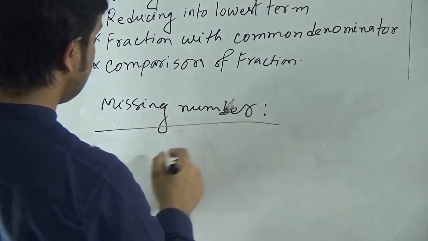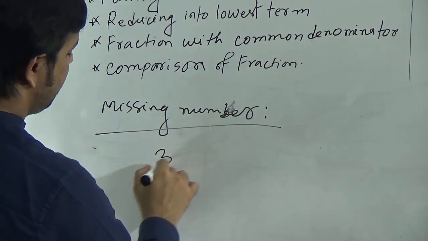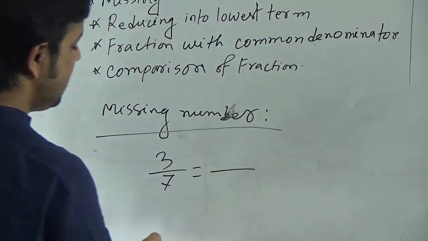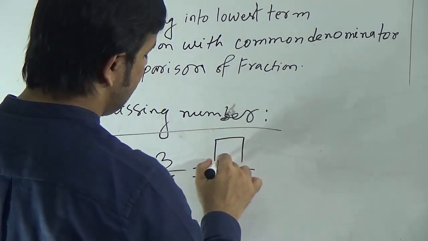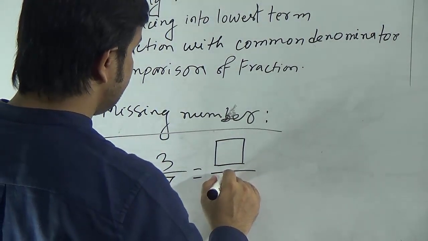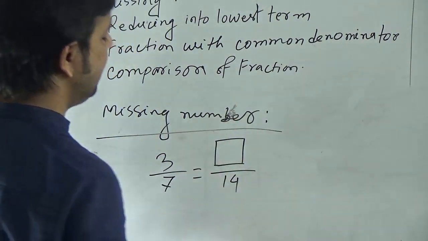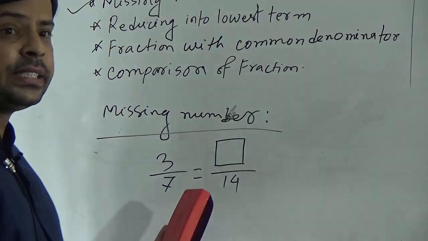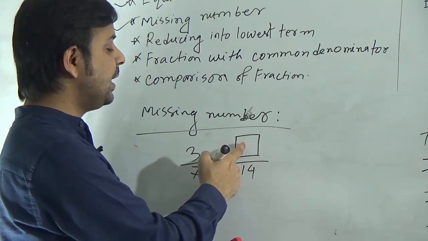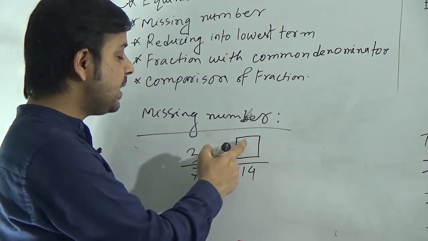Suppose I am writing 3 by 7 equal to, I am giving a blank here, and I am writing here 14. Dear students, you have to find out the number which will be in the numerator, as here is a gap.